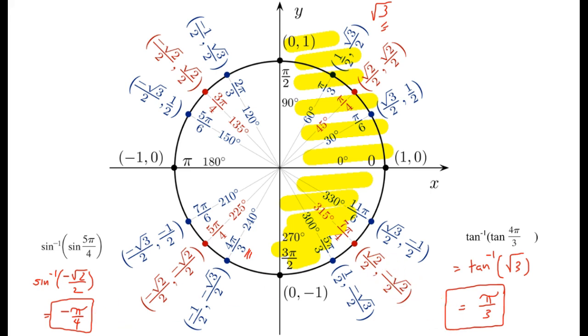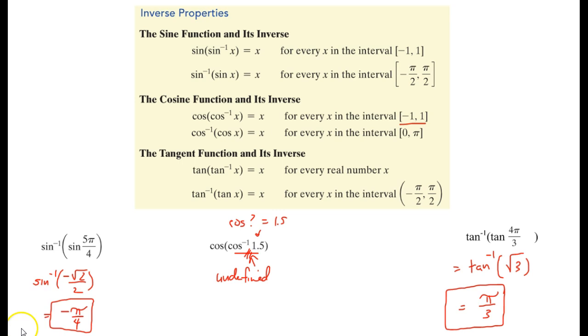Alright, so it's very similar to the sine one that we just saw, in that the original angle and the angle that we ultimately ended up with were not the same thing. It's because these original angles that we were given, 5 pi over 4 and 4 pi over 3, were not in this interval.